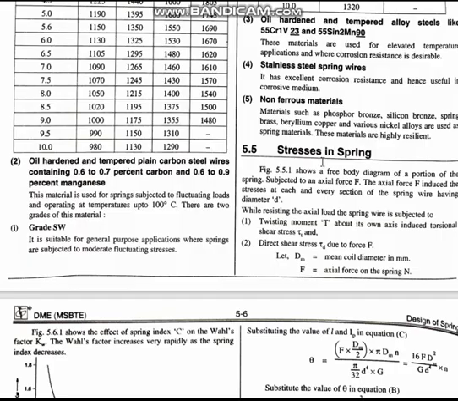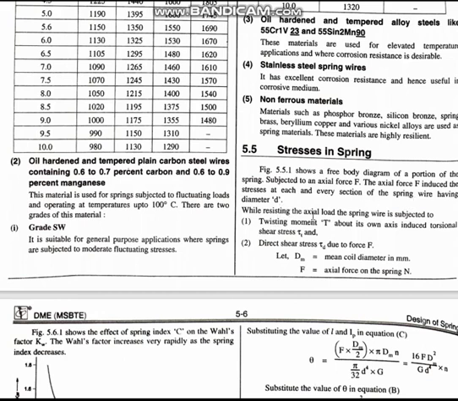Now let us see about the stresses in springs. What are the stresses that are coming upon? You see here there is a picture shown. Figure 5.5.1 shows a free body diagram of a portion of the spring, subject to the axial force F. The axial force F induces stresses at each and every section of the spring wire having diameter d.